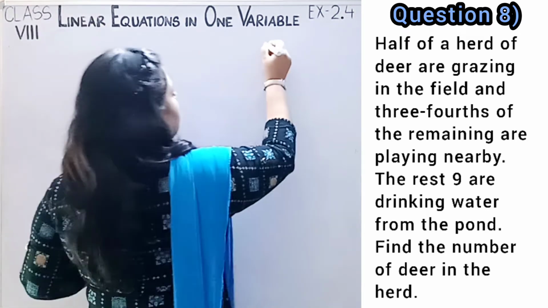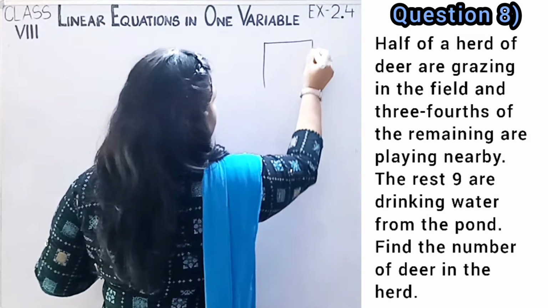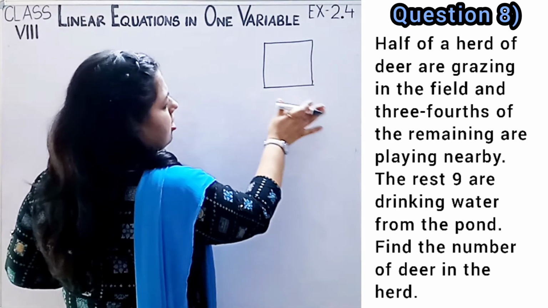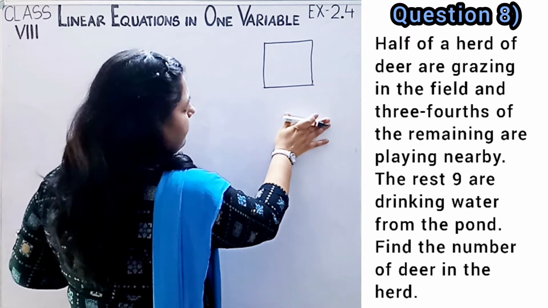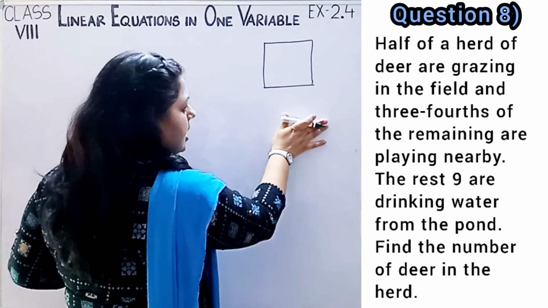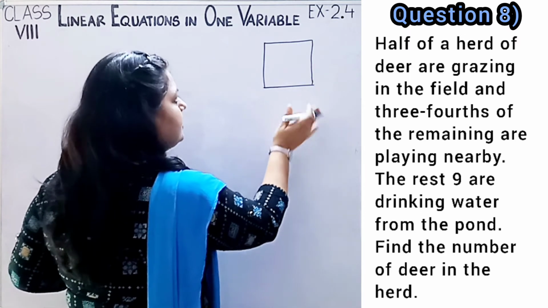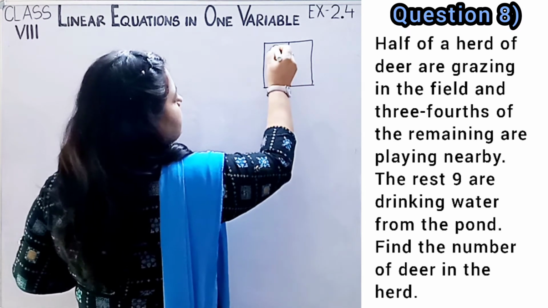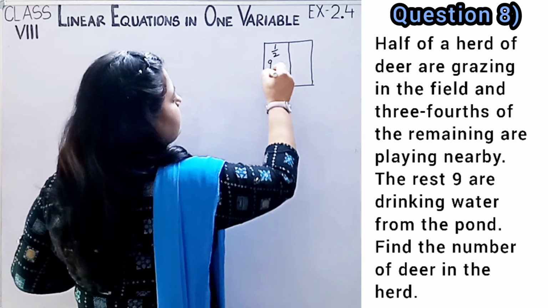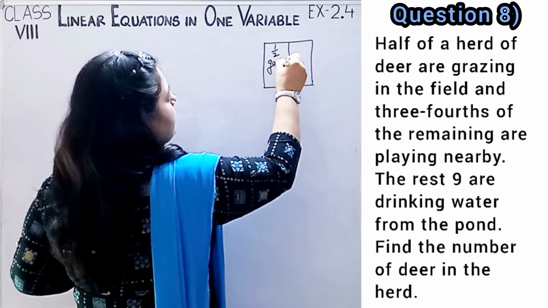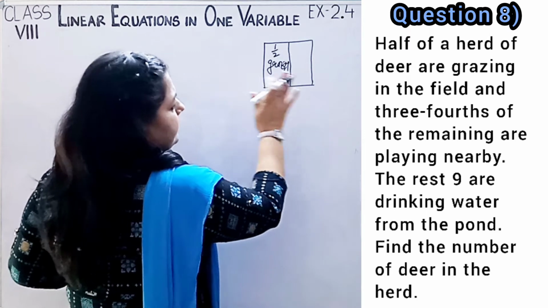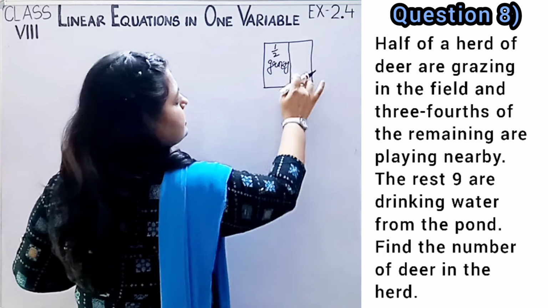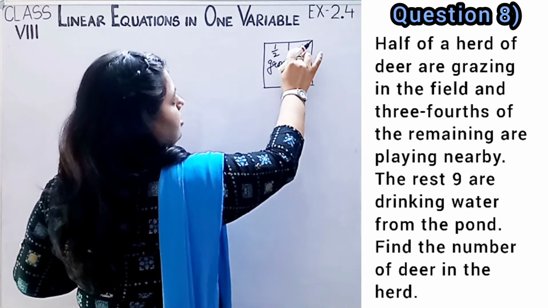Suppose this is the herd of deer. According to our question, half of the herd of deer are grazing in the field. So we are dividing into two equal parts. So this half is grazing, and next one is 3/4 of the remaining. So this is the remaining part. 3/4 of remaining.